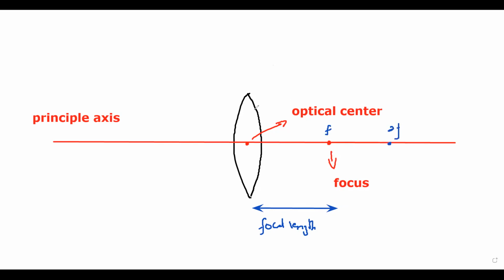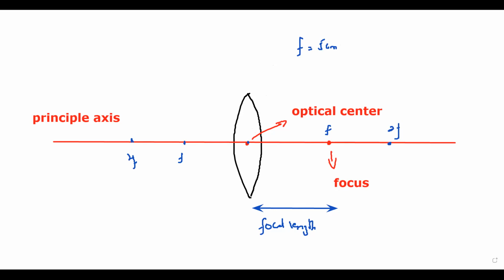In exam, when you draw this image formation, you should always measure the distance from the center of the lens to the focus, and they normally mention the focus, that focus might be 5 centimeter, 3 centimeter, 2 centimeter according to the question. Same way on the left hand side we'll have F and 2F.